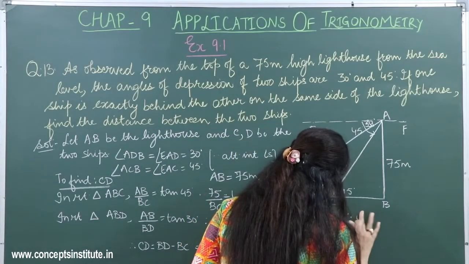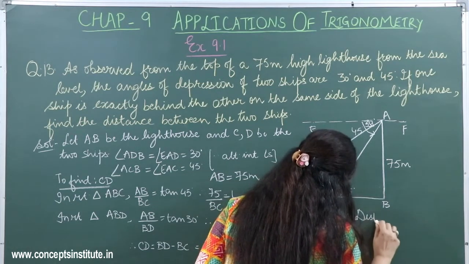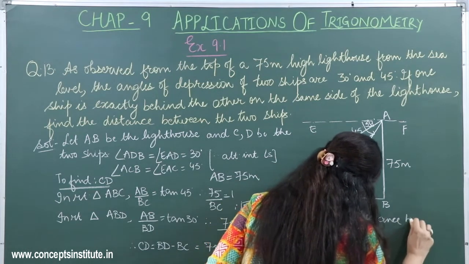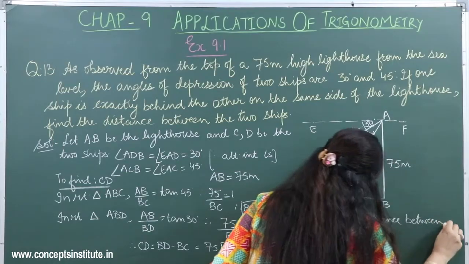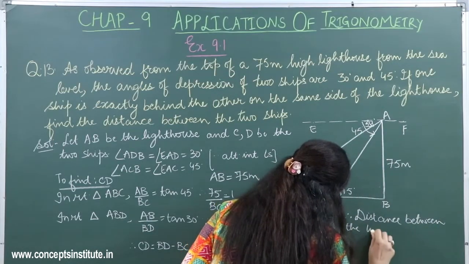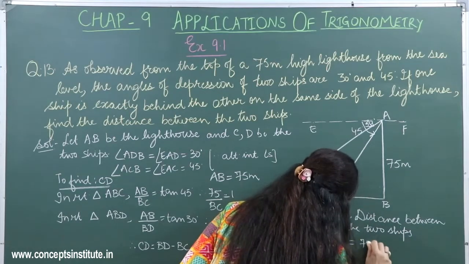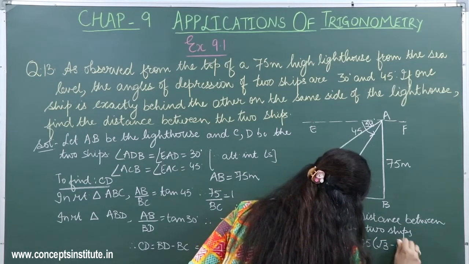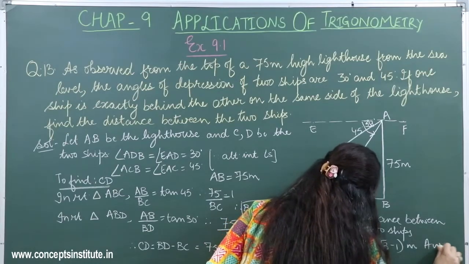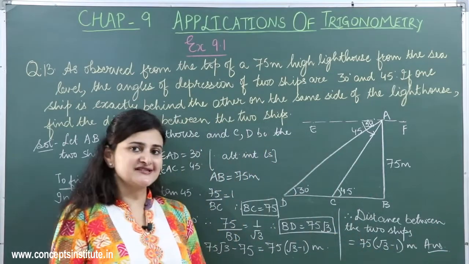So therefore distance between the two ships is equal to 75 into root 3 minus 1 meter, and this is the answer. I hope you got it.